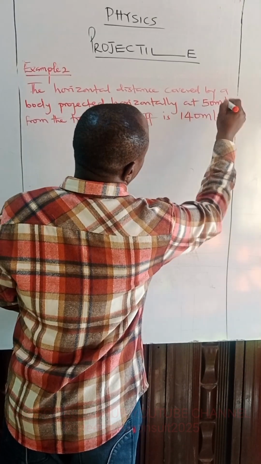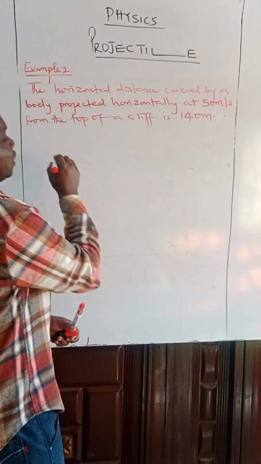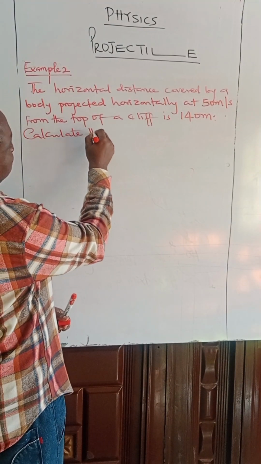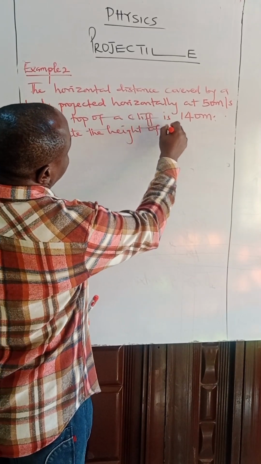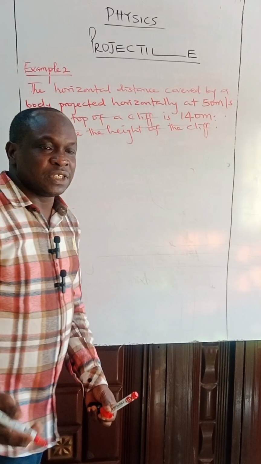That's the horizontal range. Calculate the height of the cliff.